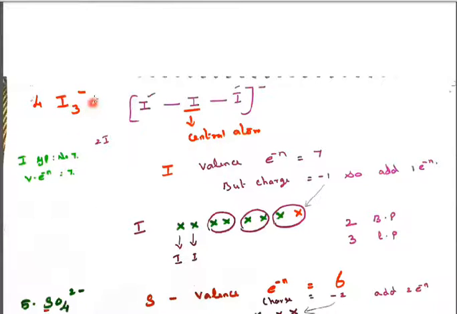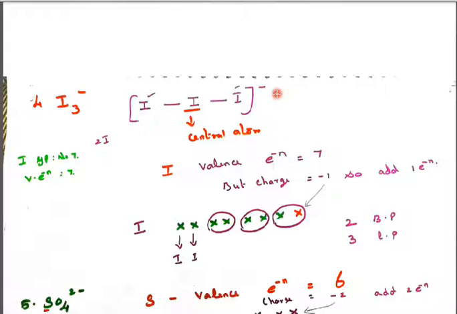Next example, I3 minus. You write it like this, I single bond I, the whole raised to the power minus 1. So the central atom is iodine. Iodine belongs to the 7th A group, so valence electron is 7. I write 1, 2, 3, 4, 5, 6, 7.